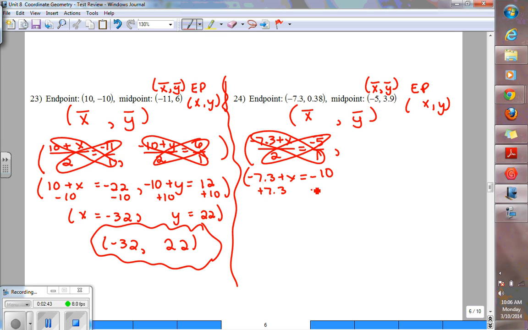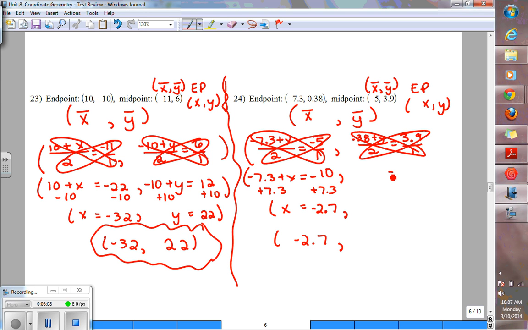Add 7.3 to both sides, and x is negative 2.7. I averaged my y's to get 3.9. 2 times 3.9 is 7.8.